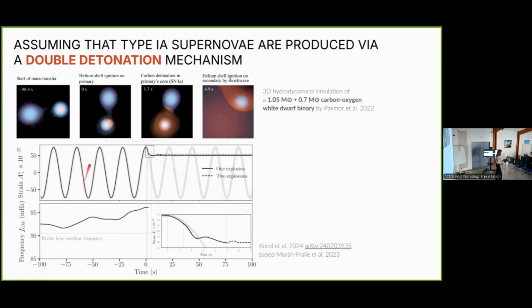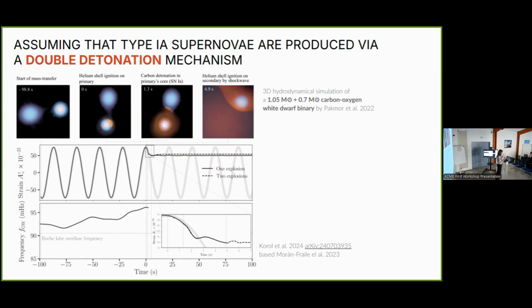On top, you see that until the very end, this binary emits the expected, almost monochromatic, clean signal. As the type 1a supernova happens, we remove one companion from the binary, so the signal shuts off. And this constant strain basically comes from the expanding envelope.